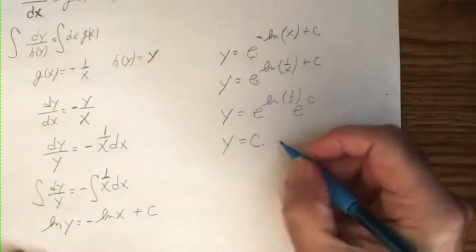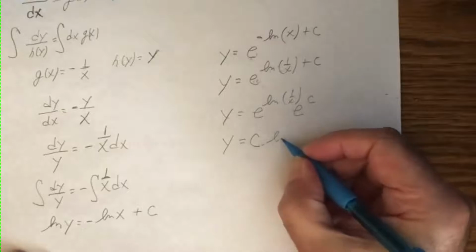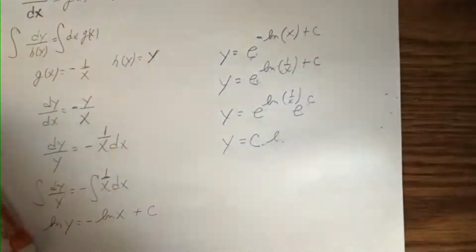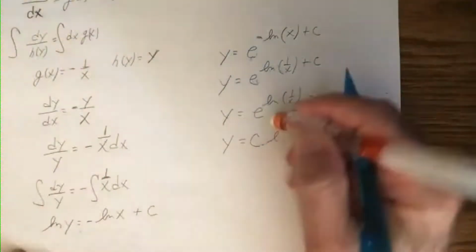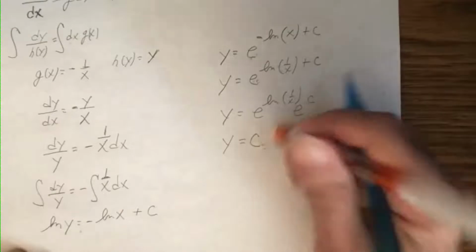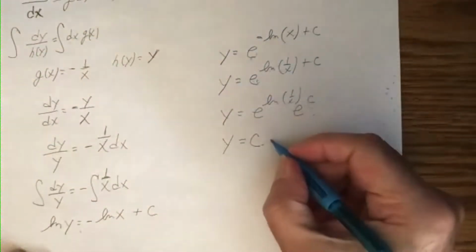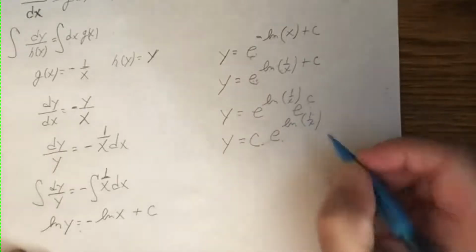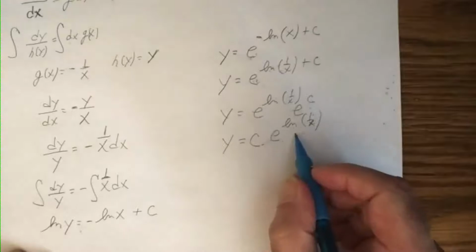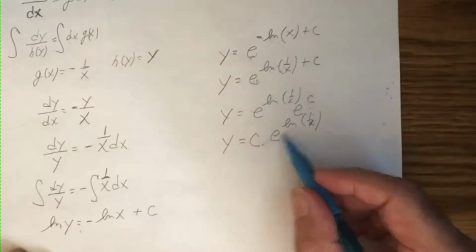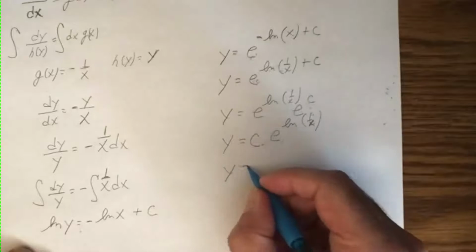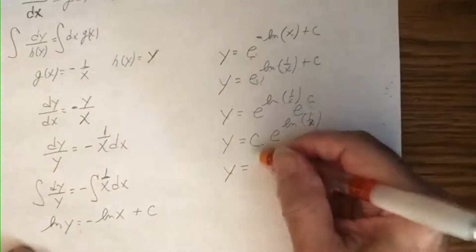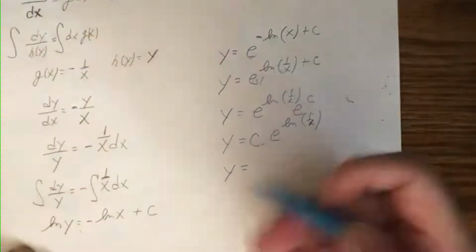Let me continue and not skip a step. So I can write this as e to the natural log of 1 over x, and this is y is equal to c. This letter is driving me crazy. y is c.